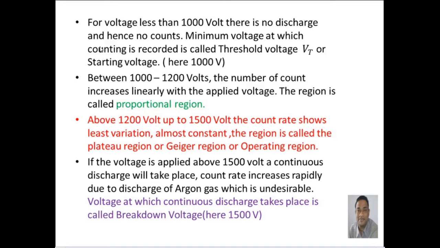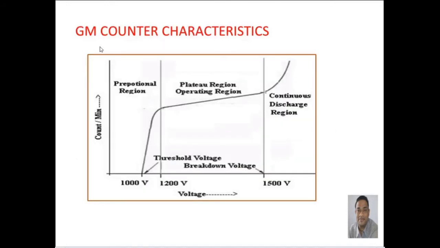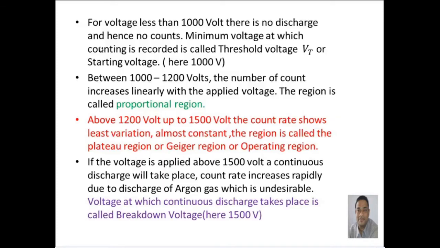Now, if you increase the voltage further above 1500 volts, then a continuous discharge will take place and the count rate suddenly increases due to discharge of the argon gas, and this is undesirable for a GM counter. The voltage at which there is a continuous discharge is called the breakdown voltage.